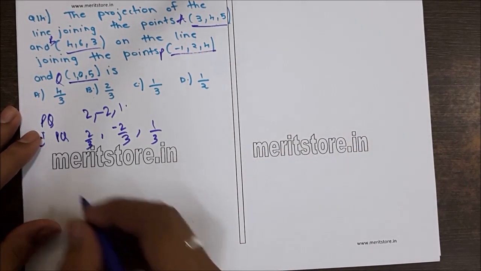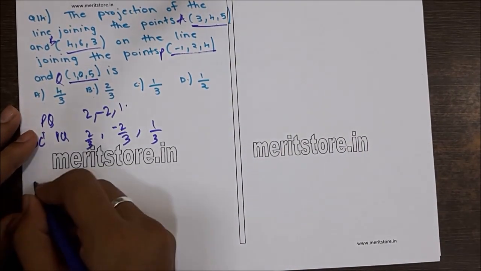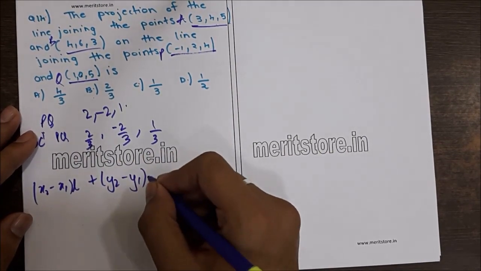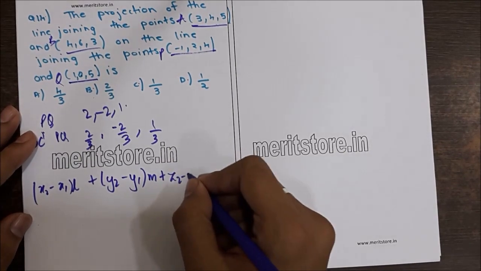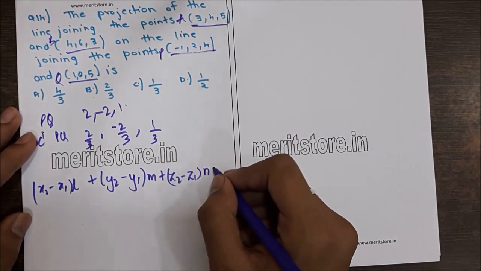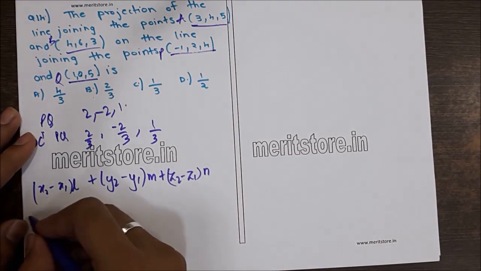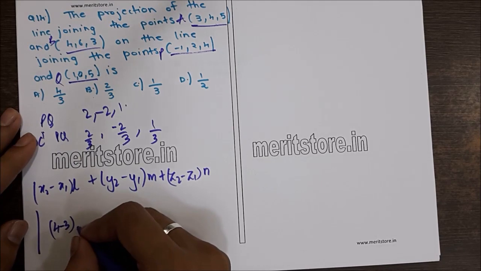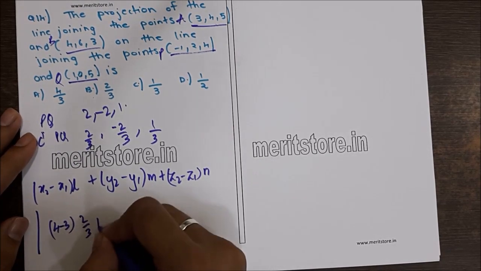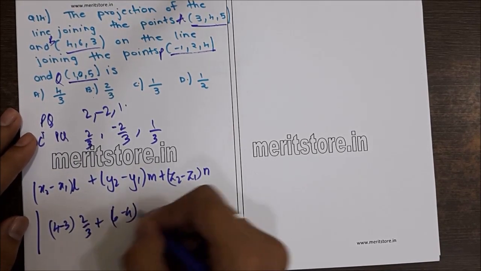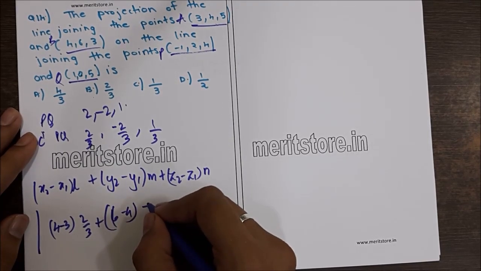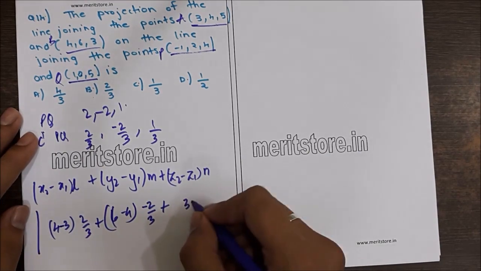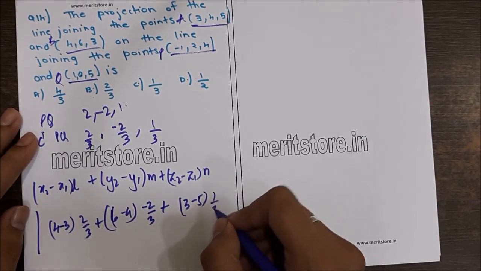would be given by x2 minus x1 times l plus y2 minus y1 times m plus z2 minus z1 times n. So this is our formula. Now we'll substitute these values: 4 minus 3 times 2 by 3 plus 6 minus 4 times minus 2 by 3 and z2 minus z1, that is 3 minus 5 times 1 by 3.